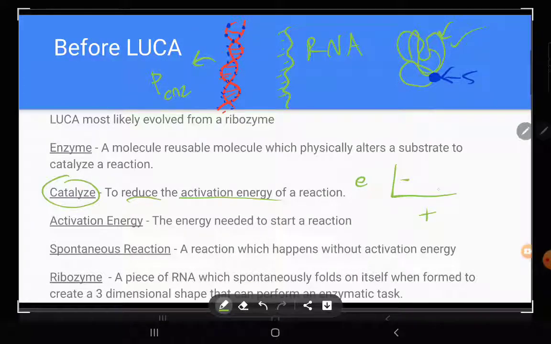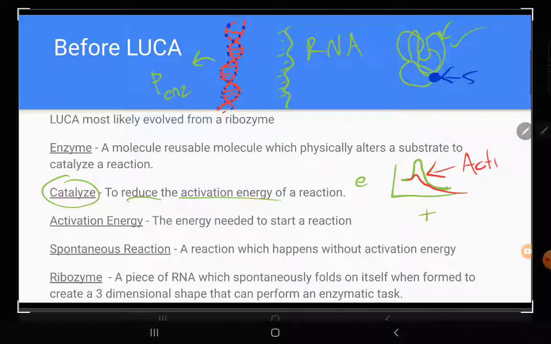There's always reactants and there are products, and a certain amount of energy is needed, that's the hump, for it to occur. But when you catalyze a reaction, you reduce that amount of energy and it happens faster. The hump is reduced. I hope this is all a reminder from biology.